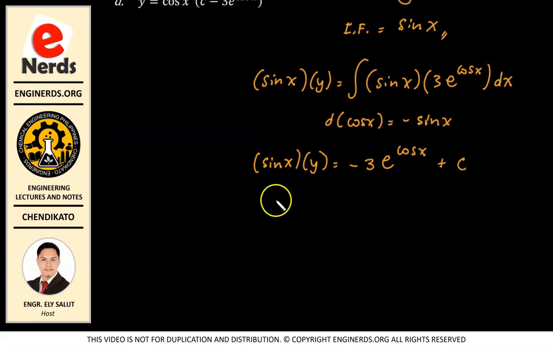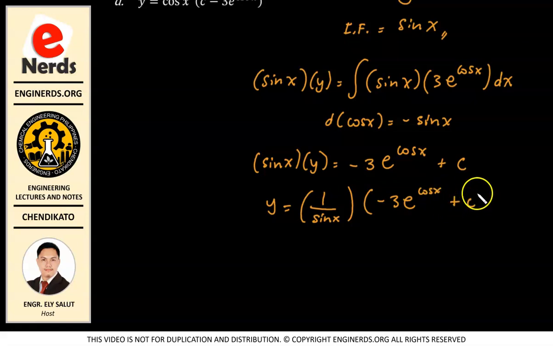Dividing both sides by sine x, we will have y is equal to 1 over sine x times negative 3 e to the cosine of x plus c. But 1 over sine x, as we know, is also equal to cosecant of x.